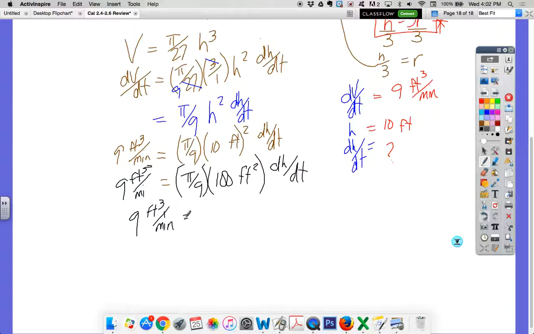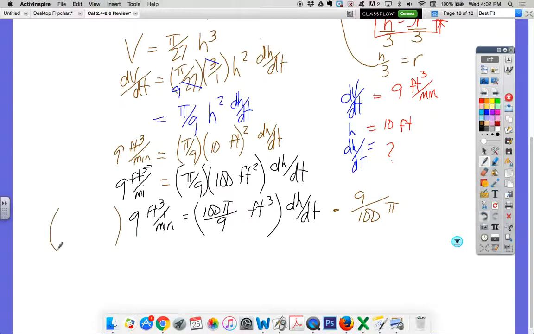So that's going to be 100 pi over 9 cubic feet dh over dt. Okay? So now, because you're trying to get dh over dt, you've got to multiply by the reciprocal, 9 over 100 pi. Okay? So 9 over 100 pi.